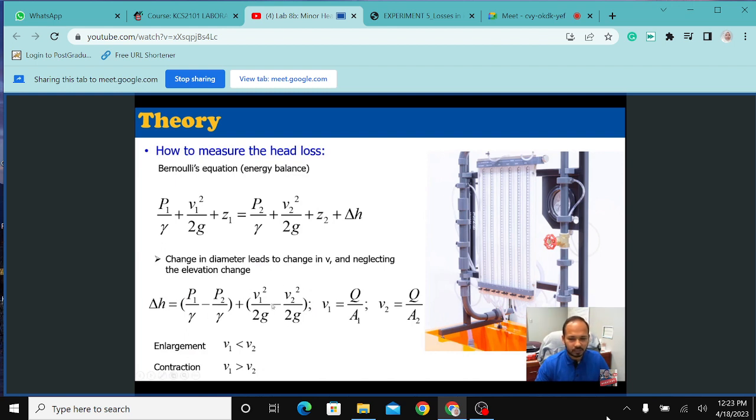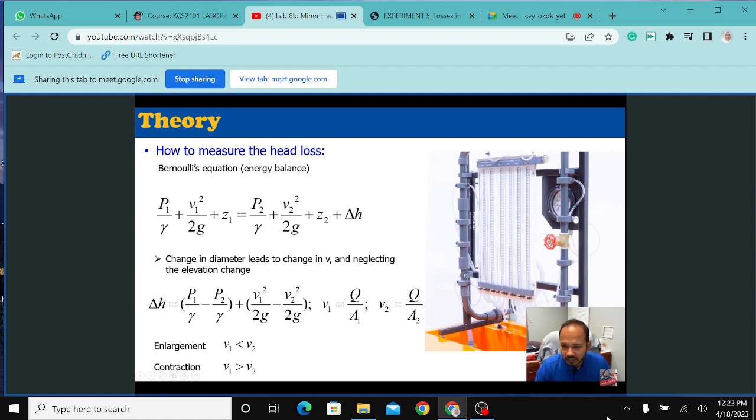The velocity term doesn't exist because there is no change in velocity within this length of the pipe, because there is no change in diameter. So for the calculation, we can just get the pressure head if we know the pressure difference using the manometer.